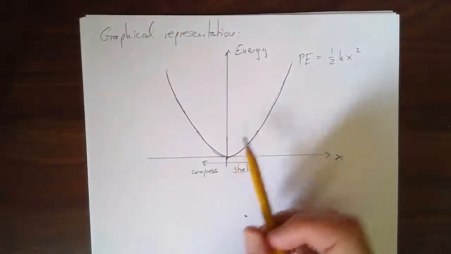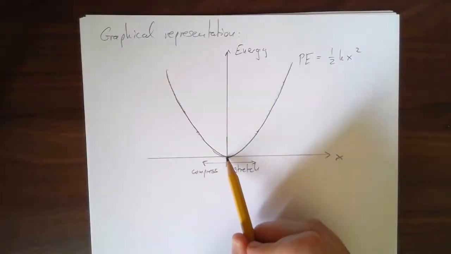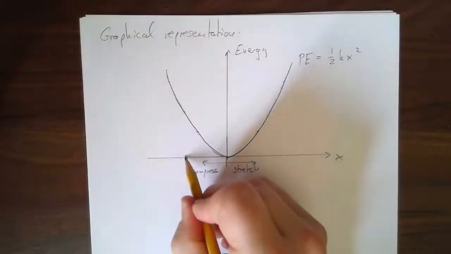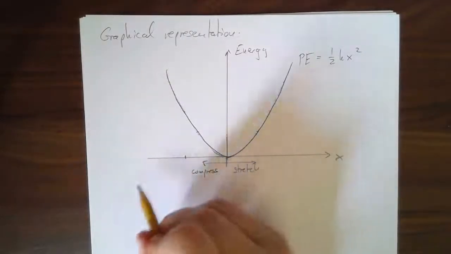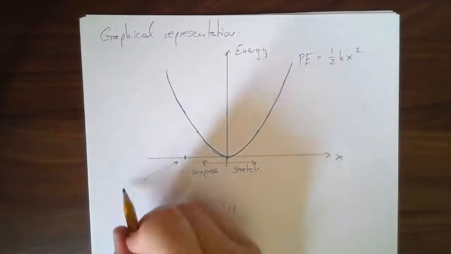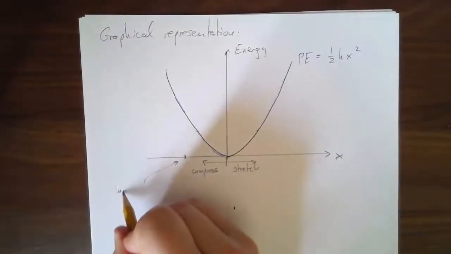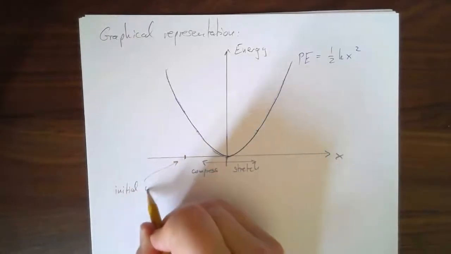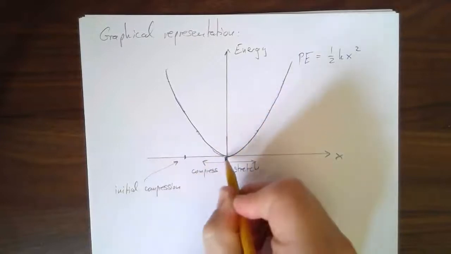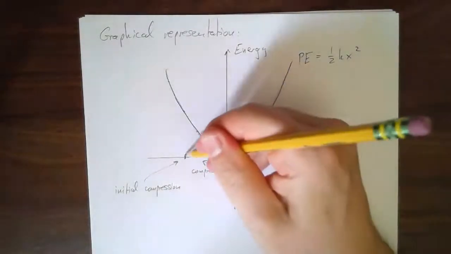Let's imagine I take my mass, the end of my spring, and I'm going to squish the spring by a certain distance, say this. Say this is my initial compression. So I've compressed it by this distance.